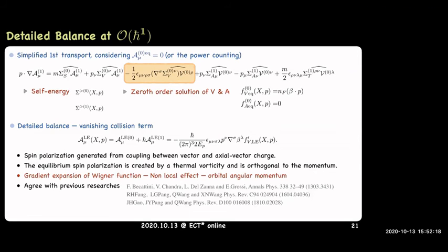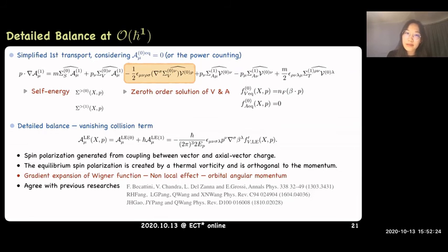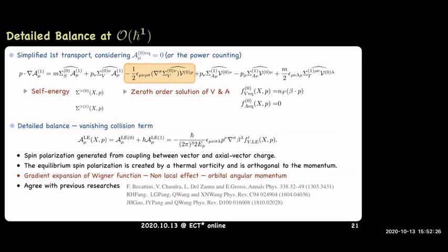Did you solve this equation in the first line? Yes, I have solved it. So you found the solution. Yes. So why do you think it's a detailed balance?